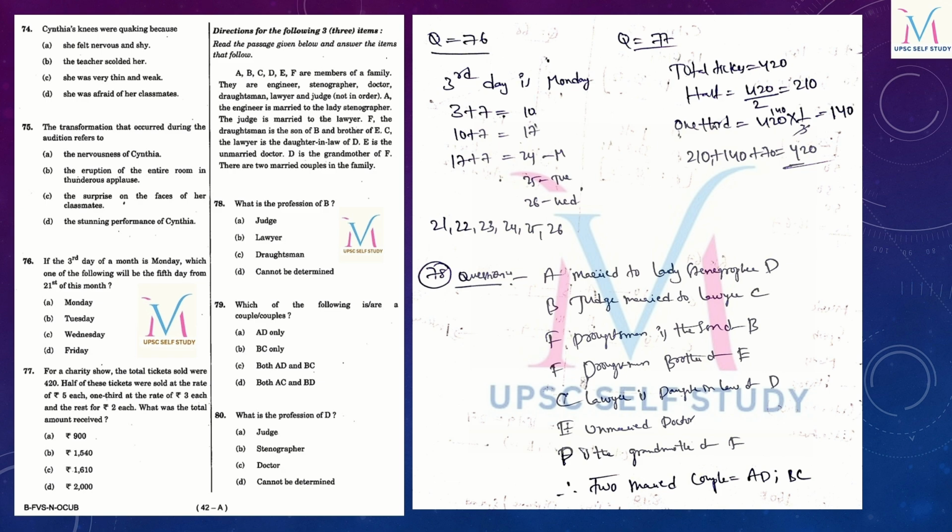So from the 21st we have to calculate the next five days. 21 you have to leave, then 22, 23, 24, 25, 26.